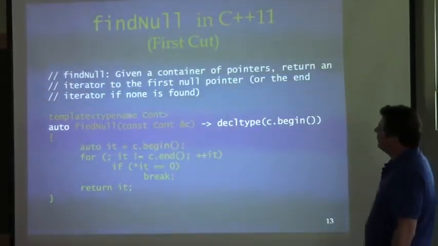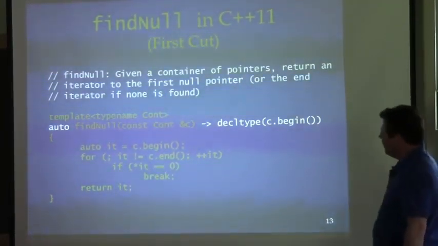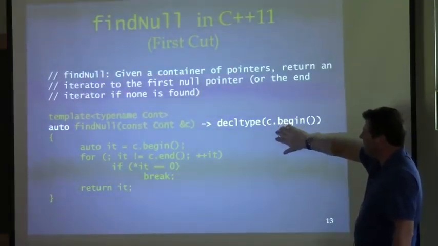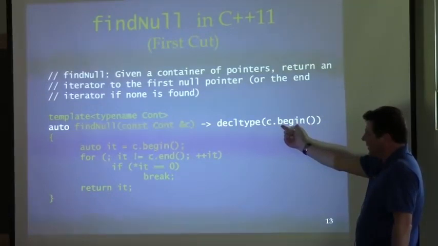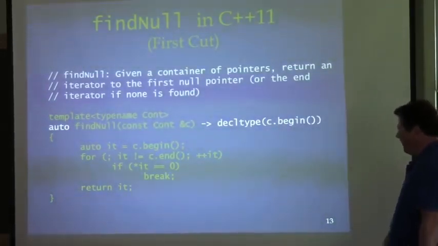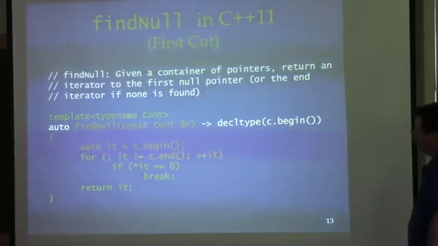Okay. So let's start and morph the findNull function template into C++11. First we'll use the trailing return type. I can really choose anything here that gives me an iterator. I just happen to pick c.begin. I could have used c.begin, c.end. I could have written it all out the old way, whatever.